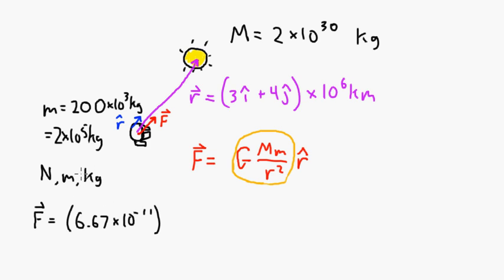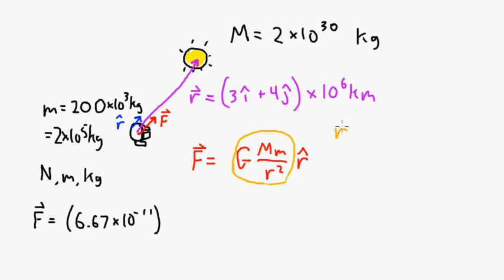Before we plug in numbers, this is not the most convenient way to use this formula because we would have to calculate the r hat vector. So instead we take an identity, which is r hat is the r vector divided by the magnitude r.